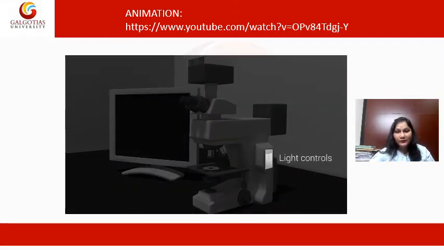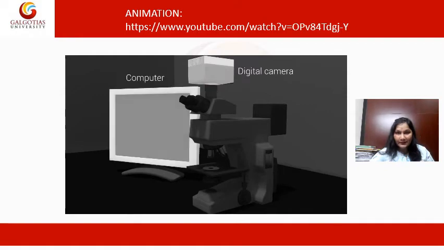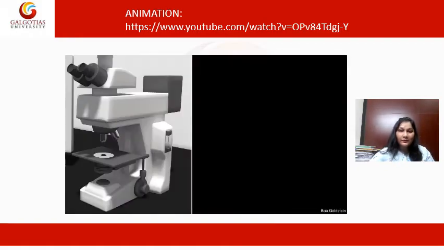Each and every microscope has a light source, light control knobs, a diaphragm and a condenser that is mounted with a lens. This is a stage on which we place the object that has to be studied. We have focus adjustment knobs, objective lenses, generally biconvex lenses. We have an eyepiece or ocular in each and every microscope. This is a digital camera, which can be present in some microscopes to take a picture of the object for further use.